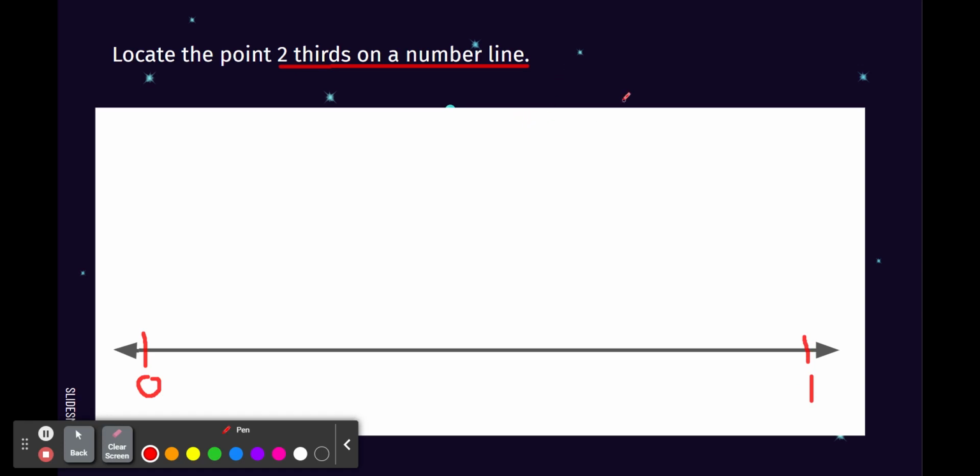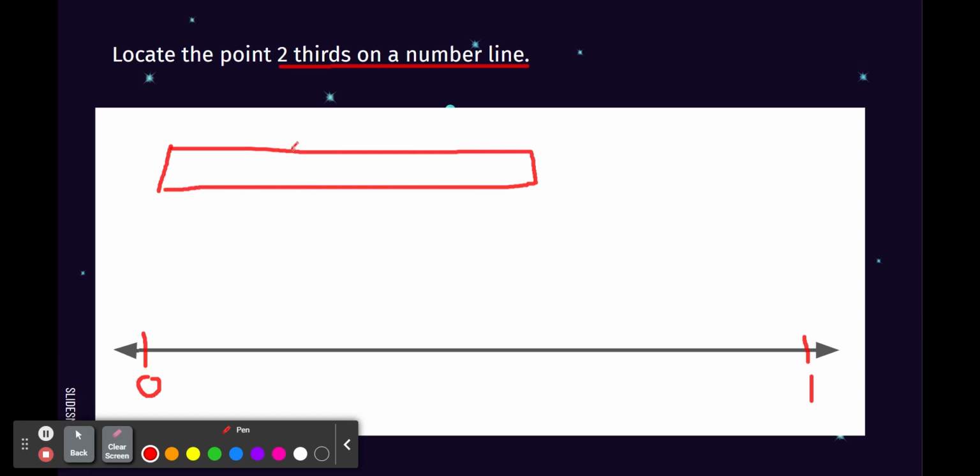I know that 2/3 is one whole partitioned into 3 parts. If I use a strip diagram and partition it into 3 equal parts, the first part is 1/3, then we have 2/3, and then we have 3/3.